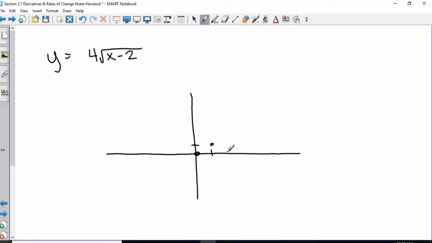Square root of 0 is 0. Square root of 1 is 1. Square root of 4 is 2. Alright. What will the 4 do? It's outside, so it's y, it does what it says. So vertical stretch. And the minus 2?